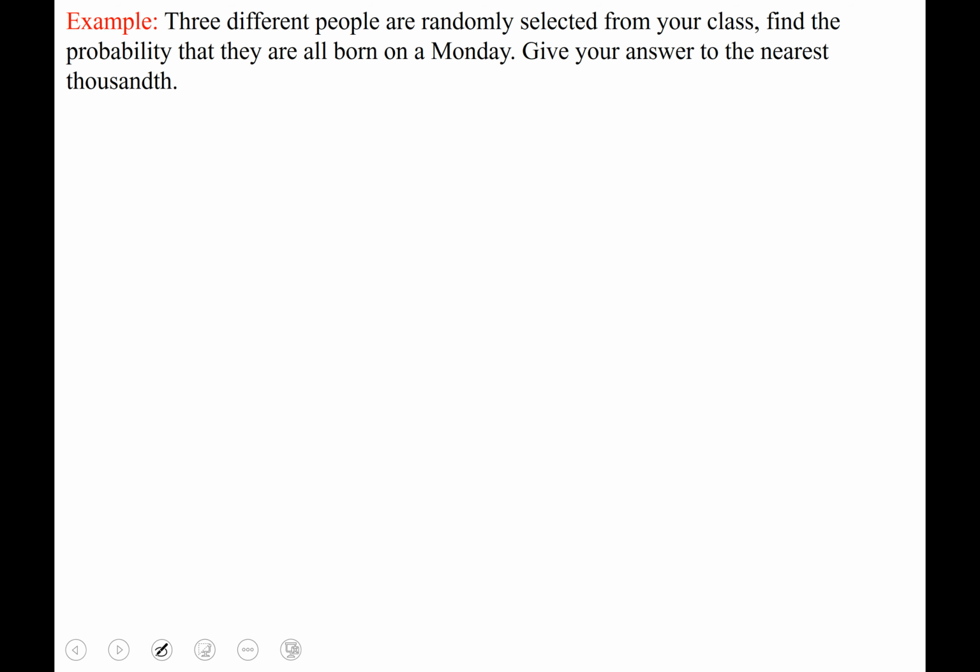All right, let's try an example. 3 different people are randomly selected from your class. Find the probability that they are all born on a Monday. Give your answer to the nearest 1,000th. Okay, these events are independent of each other. One person being born on a Monday does not affect their classmate being born on a Monday or a different day of the week.